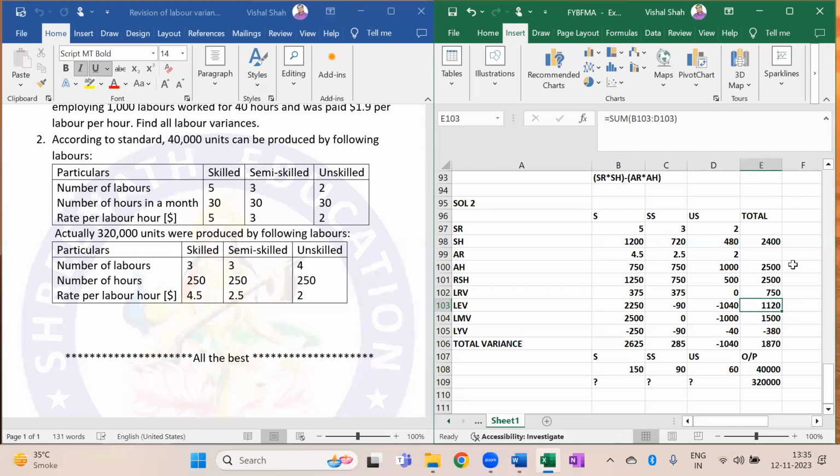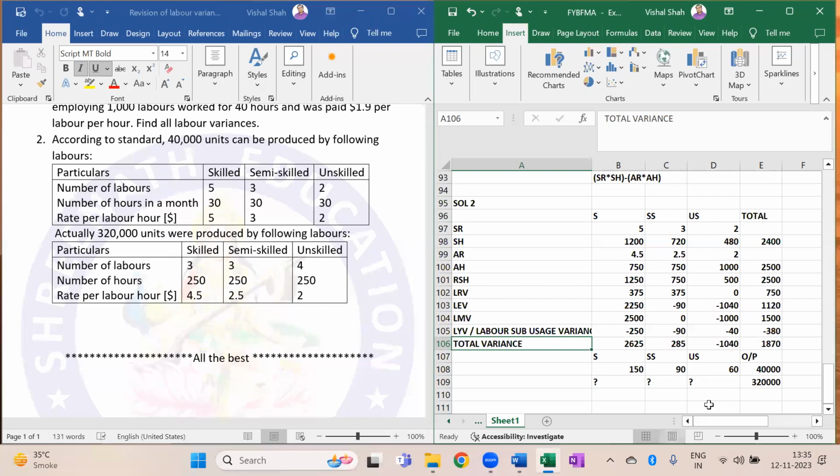There is no second formula for labor yield variance, as there was a second formula for material yield variance. Instead of labor yield variance, they would like to use labor sub-usage variance.